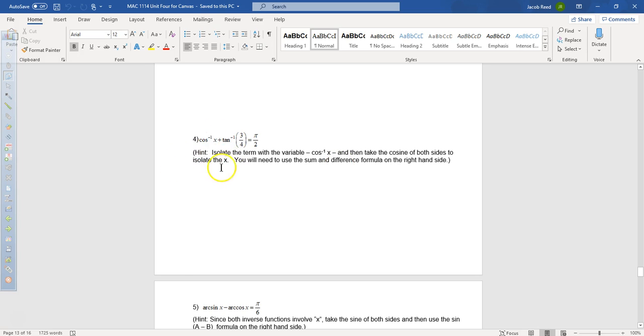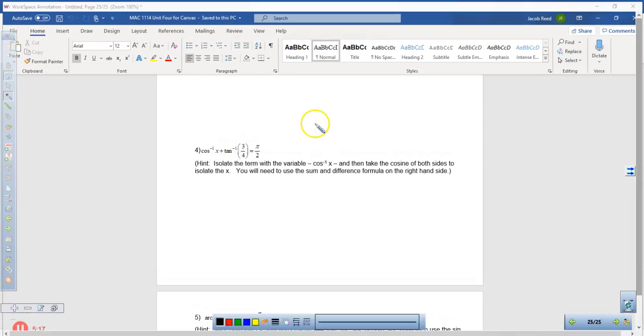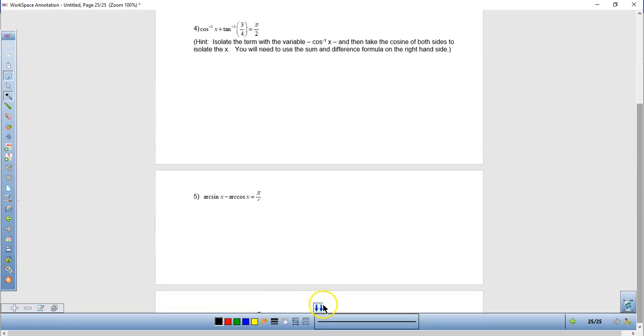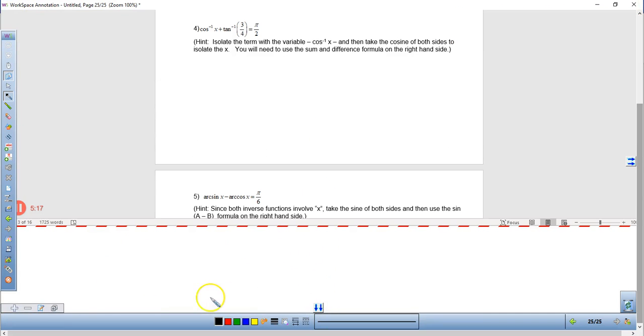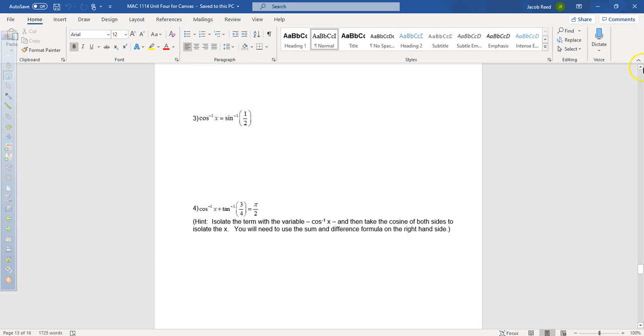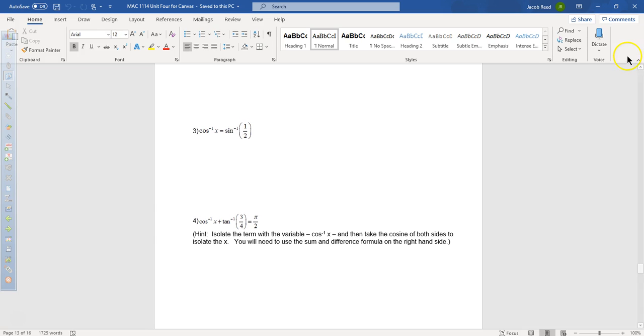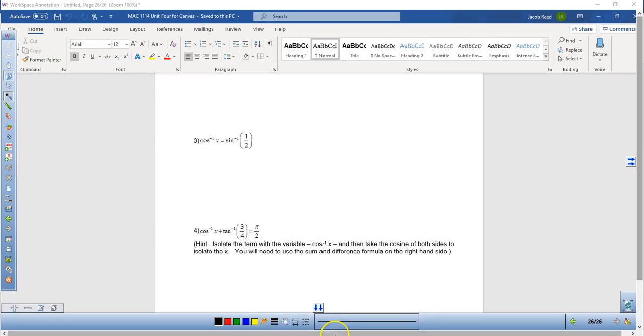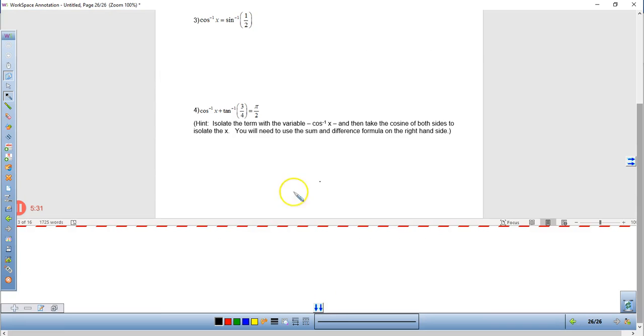Okay, so like it says, we're going to isolate this cosine term first. Let me go ahead and make us some room. There we go.